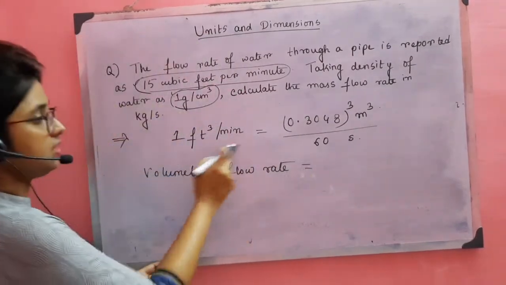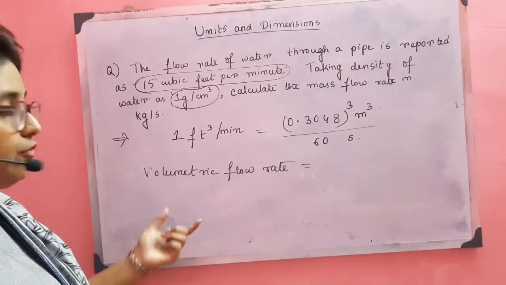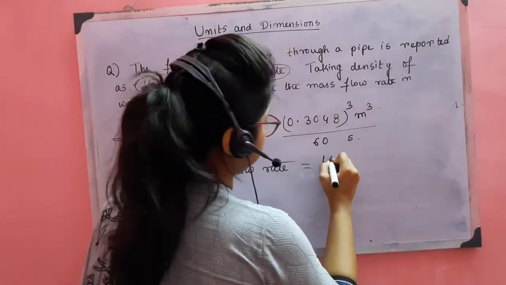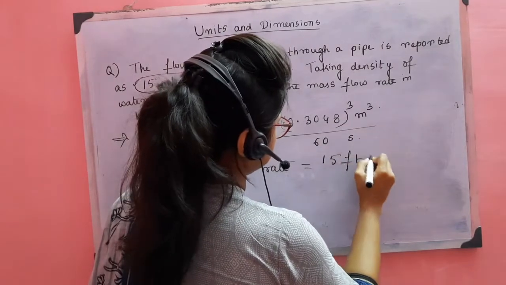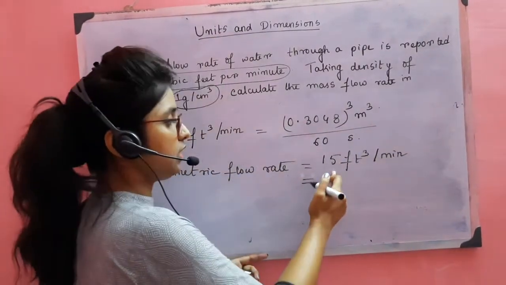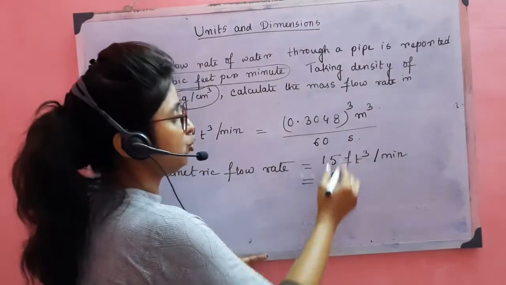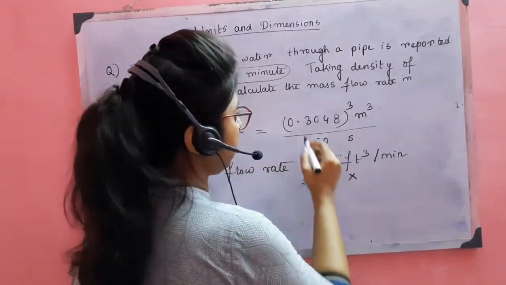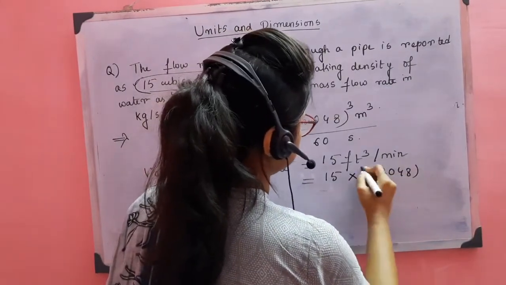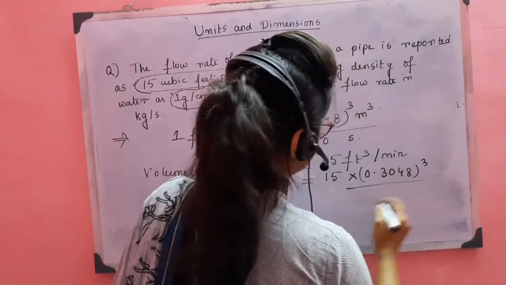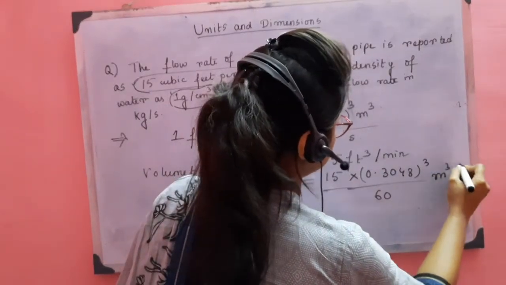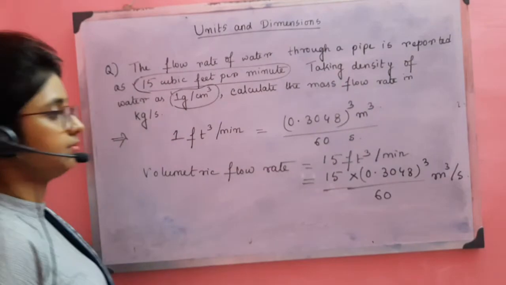Now since this is the conversion factor, for the volumetric flow rate, here it is given 15 cubic feet per minute. I'll be converting this 15 feet cube per minute into meter cube per second by multiplying this with 0.3048 cube divided by 60, and this will give me meter cube per second.